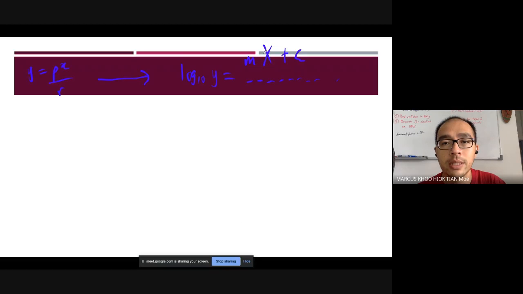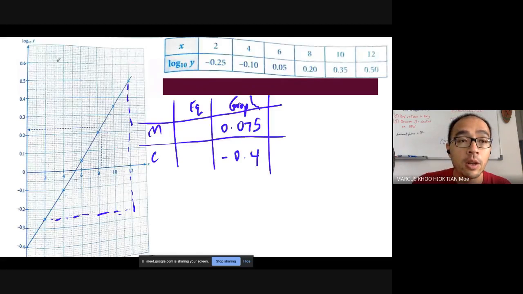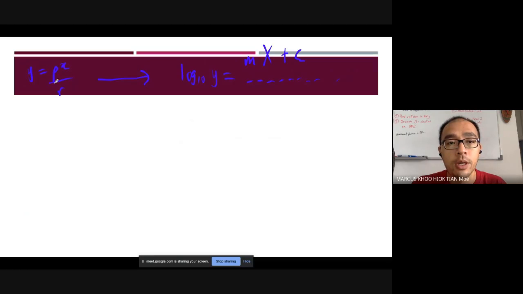This x is actually just the value of x, because our graph is log 10y against x. Since y must change to log 10y, we log both sides, like just now. So log 10y equals log 10 of p to the power x over r.